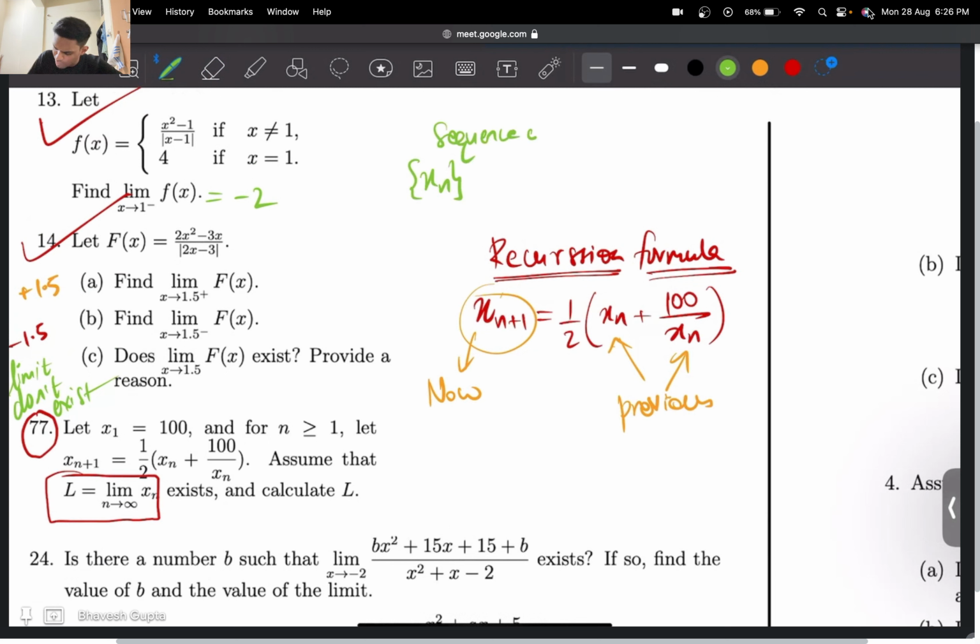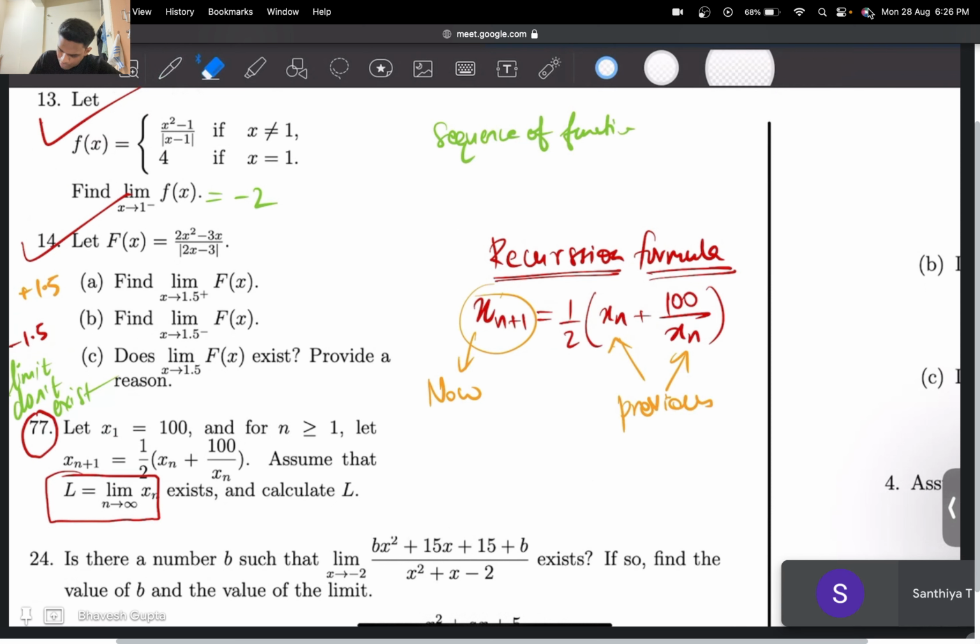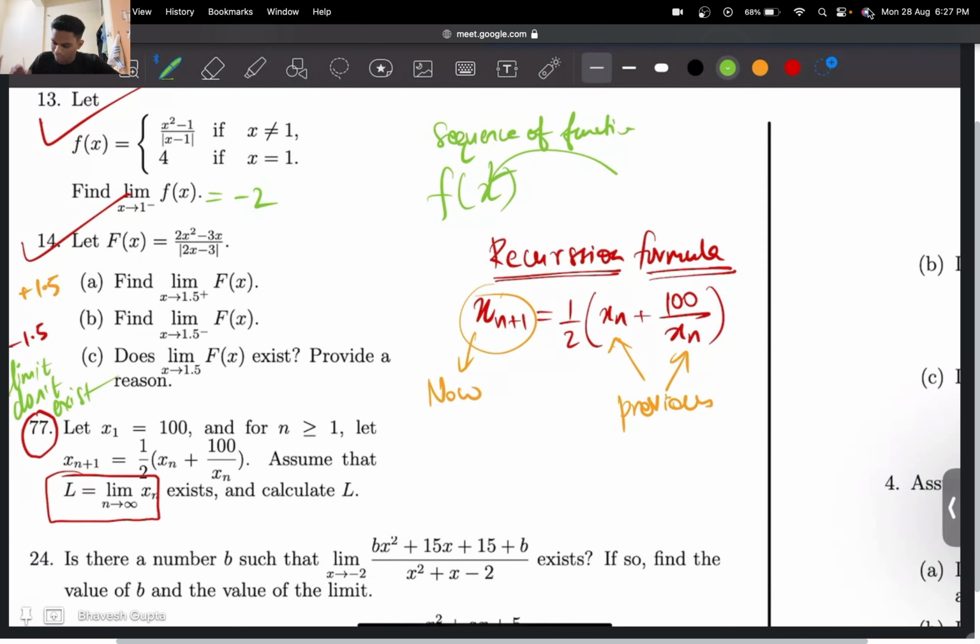This might be a sequence of a function, in the sense that let's say you have a function, but in the case of input where you used to give a continuous variable, now you are trying to give something discrete.